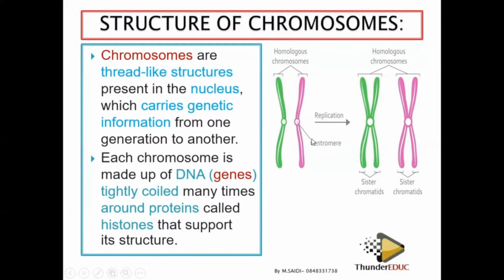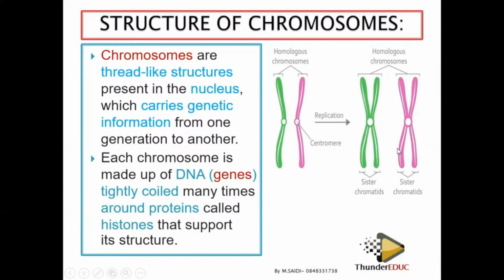So this is the centromere, the center of the chromosome. The two chromosomes which look alike, it means that they share the same structure and the position of the genes on them, then we call them homologous chromosomes. So one chromatid from one chromosome and another chromatid from another chromosome.